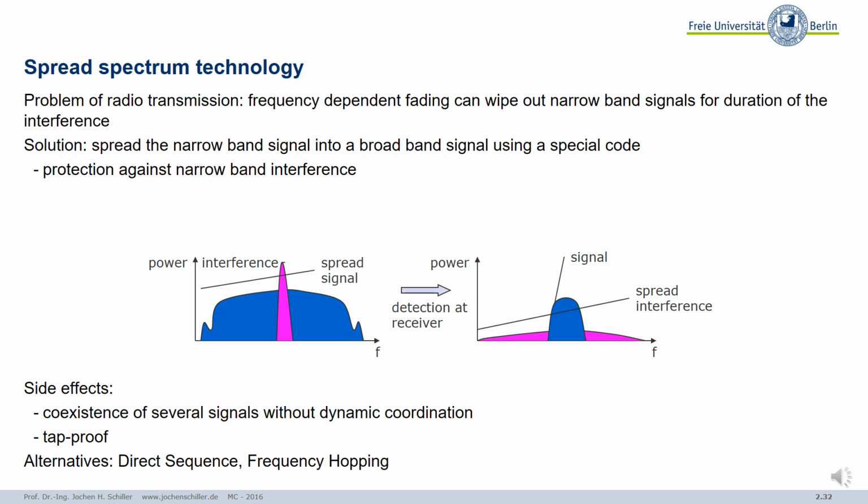Well, the basic idea is that if you spread out your signal and you have narrowband interference, the narrowband interference only cancels out a small fraction of your signal. I will give you an example for this. So instead of putting all the energy in the narrow band, we spread all the energy over a larger band.